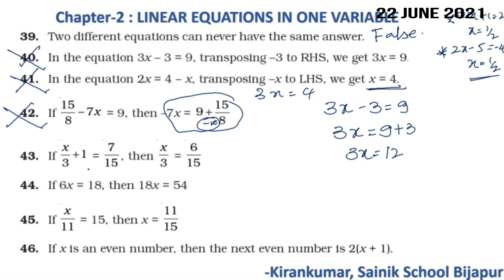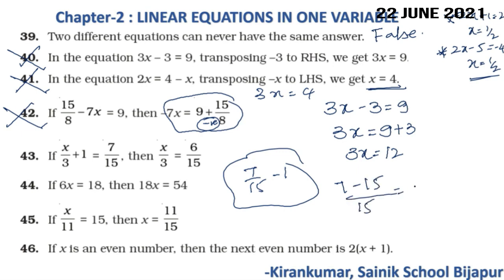Question 43. x by 3 plus 1 is equal to 7 by 15. Then x by 3 will be 7 by 15 minus 1. This you need to simplify. On simplification, we get 7 minus 15 upon 15, which is negative 8 by 15. This has to be negative 8 by 15. So this statement is also a false statement.